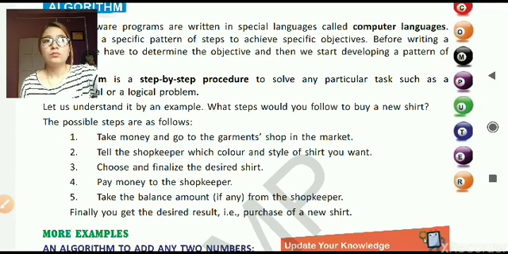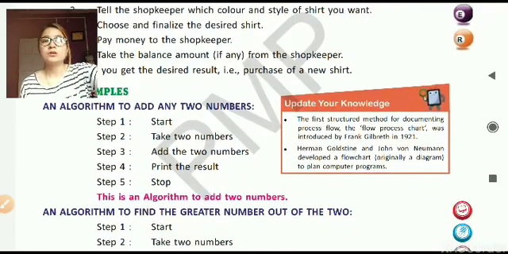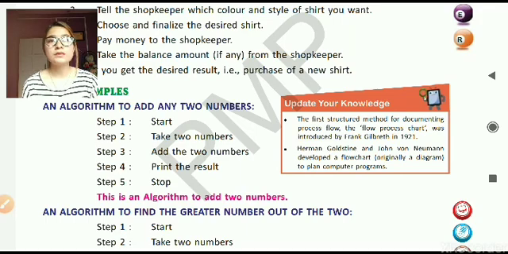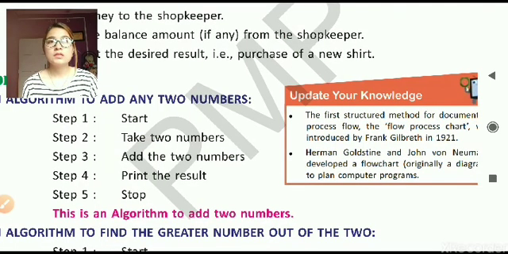Okay, now there are more examples. This was a simple example. Here, an algorithm to add two numbers is given. Now if two numbers are given to you, how will you write an algorithm? It's very simple. Step 1, you will write start. Step 2, you will take two numbers.